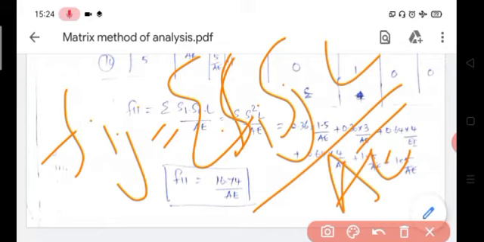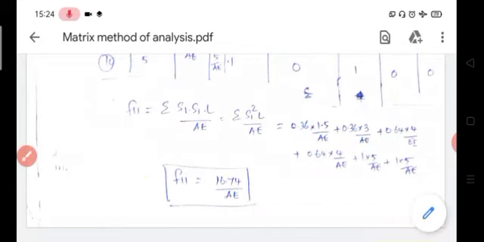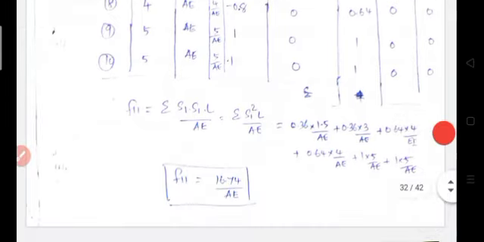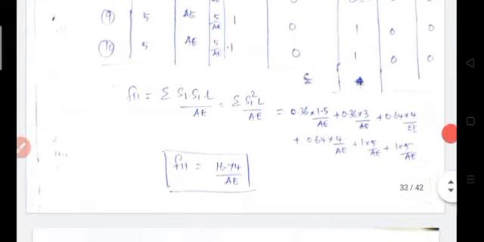Therefore summation of S1 L by Ae, so that is written as S1 square L by Ae. So substitute for all the members, then add it. So finally F11 is equal to 16.74 by Ae.